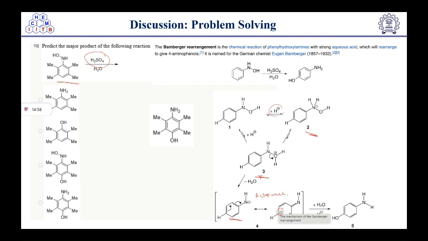On our ortho and para positions, this positive charge is stabilized because of this nitrogen. That's why the electrophilic position, which is para, will get attacked by the nucleophile.